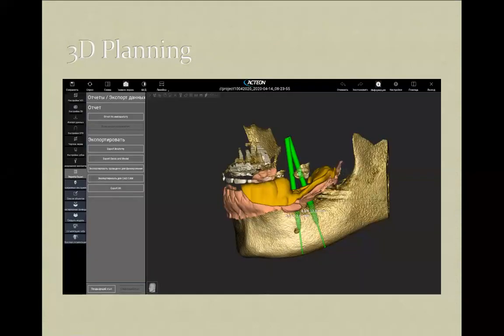Two words about 3D CT scan or 3D planning. This is the software that we're using in our clinical practice. It's just a kind of screenshot. You might do a cone beam CT scan, which has relatively less radiation exposure as opposed to a standard multi-slice CT scanner.